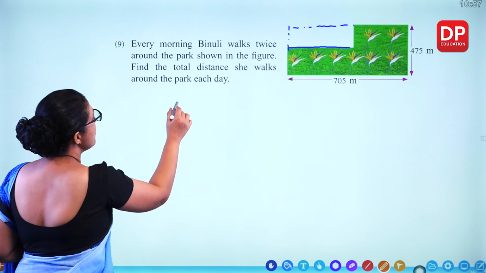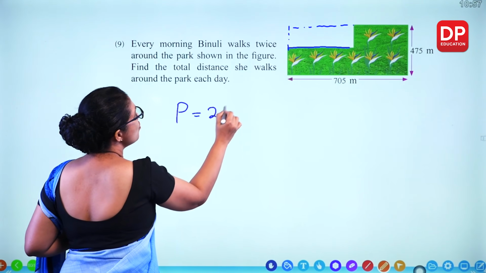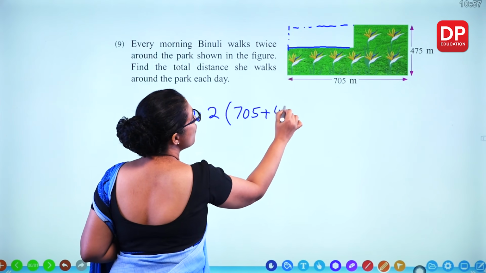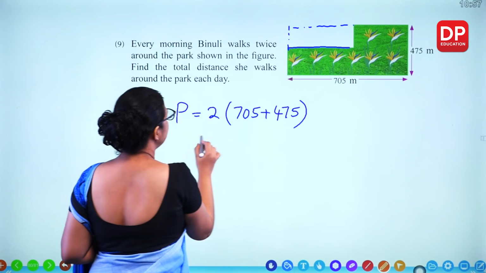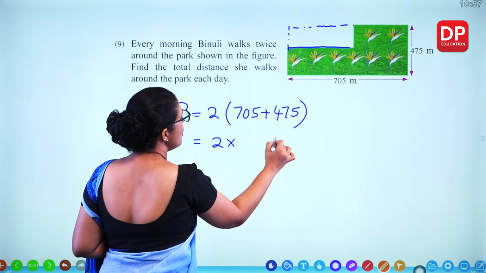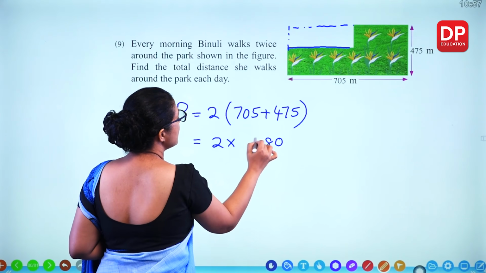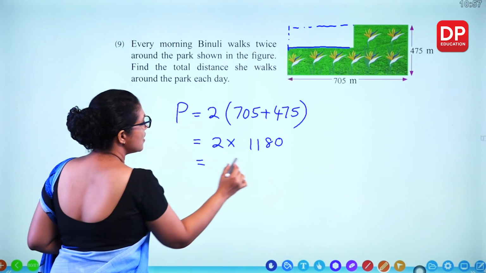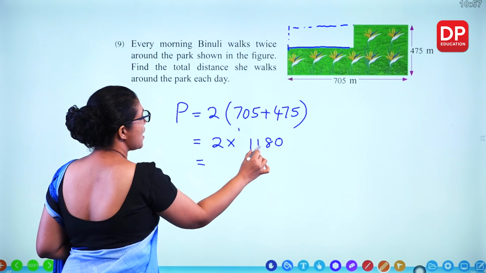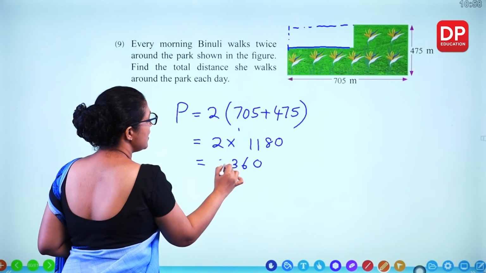So find the perimeter using 2 times. Length is 705, width is 475. 2 times the addition of these two, 1180.